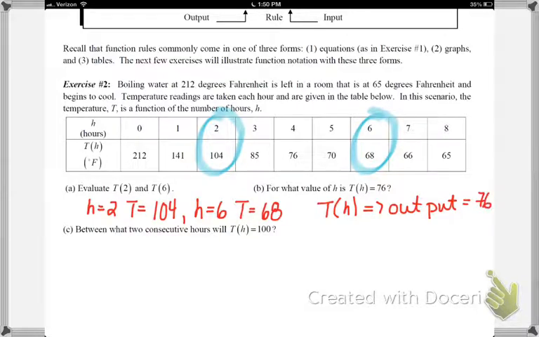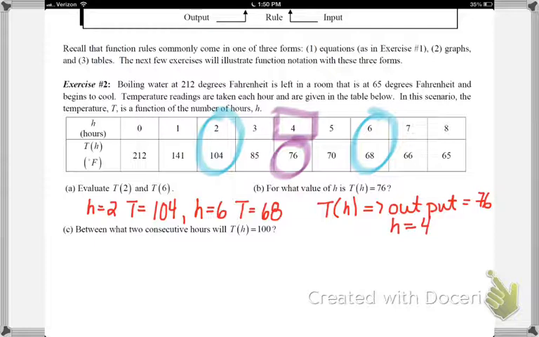So the bottom row is our output. So let's look at our output, find where t at h is equal to 76. You can see it right there. And what is our value for h? H is equal to 4.